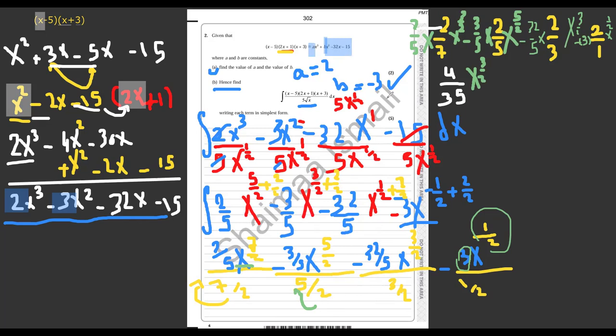And here 3 multiplied by 2, which is equal to 6. So minus 6 over 25 x to the power of 5 over 2.